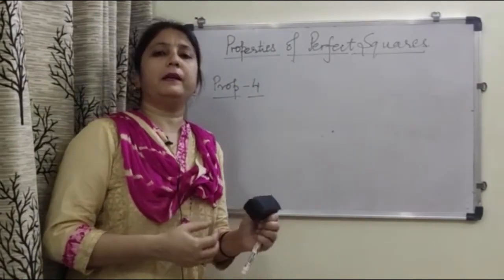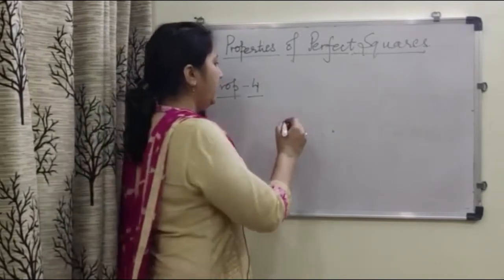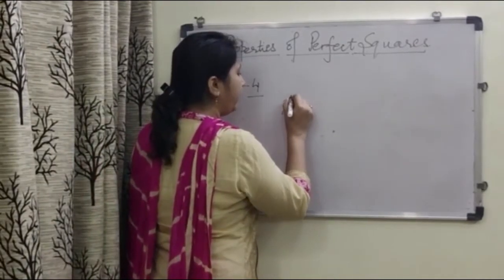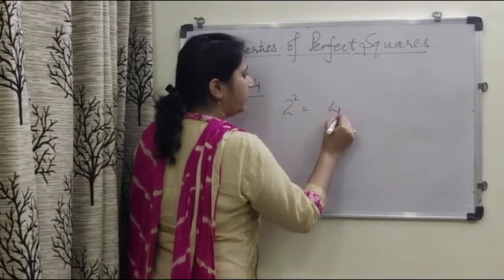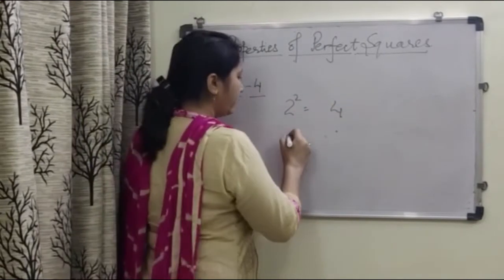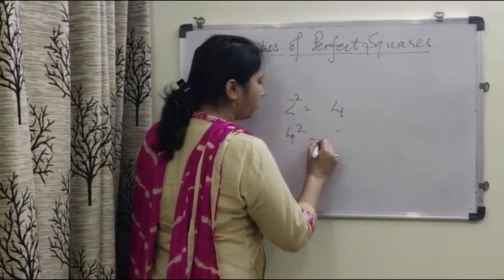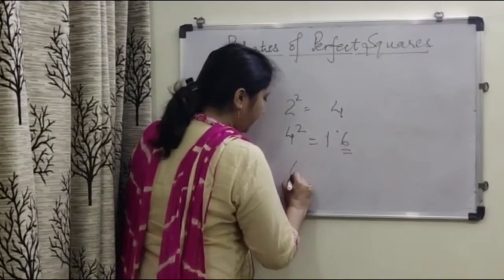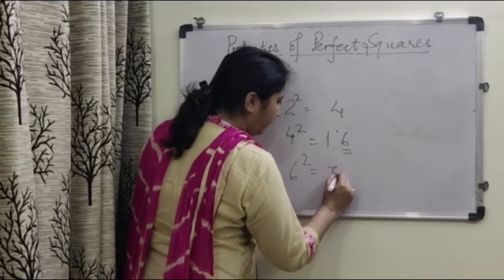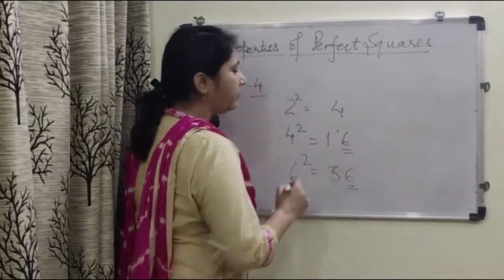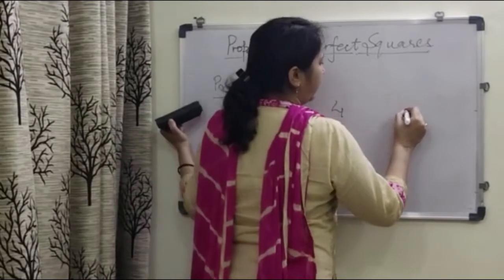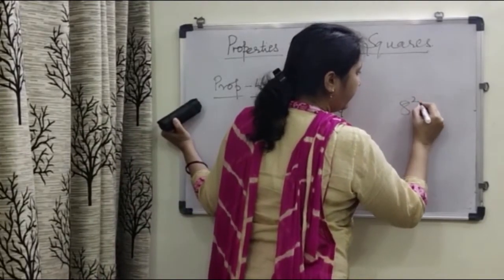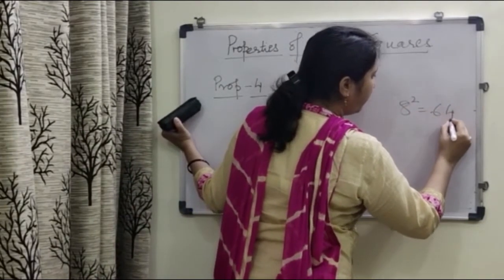We pick up the example of even numbers only. If a number is ending with 2, we'll have 4 at the units place. If a number is ending with 4, its square will have 6 in the units place. If a number is ending with 6, we'll have again 6 in the units place. If it has 8, then it will end with 4.